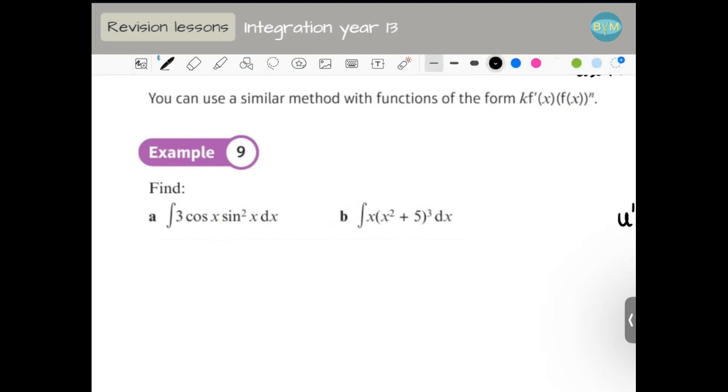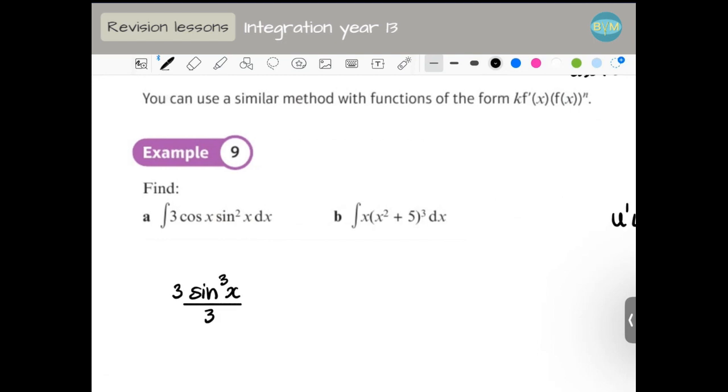So I'm going to increase my exponent by 1, and I'm going to divide by the new exponent. But I have already a 3 at the front, so I don't need that 3, really. Yeah, I can just cancel. Yeah, so this is the first one. When I differentiate this one, I have 3 at the front, sine squared, and derivative of sine is cos. So it will be precisely that one. Can you all see that?